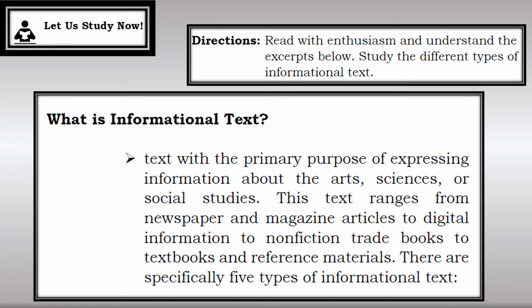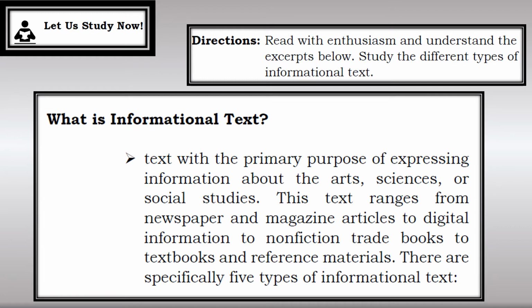This text ranges from newspaper and magazine articles to digital information to non-fiction trade books to textbooks and reference materials. So itong mga text ay pwede nating makita sa iba't ibang platform. Example, sa newspaper, makakabasa ka ng informational text doon. Makakakita ka rin ng mga magazine articles ng informational text na nagbibigay ng mga information and so on and so forth. Pwede din sa internet.